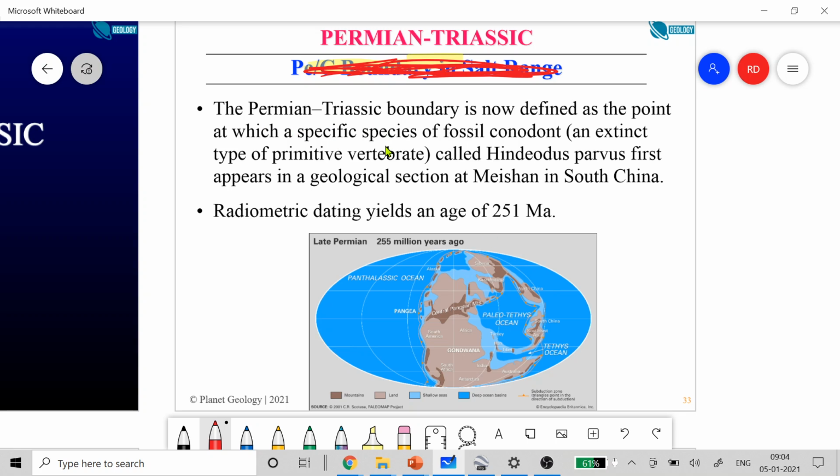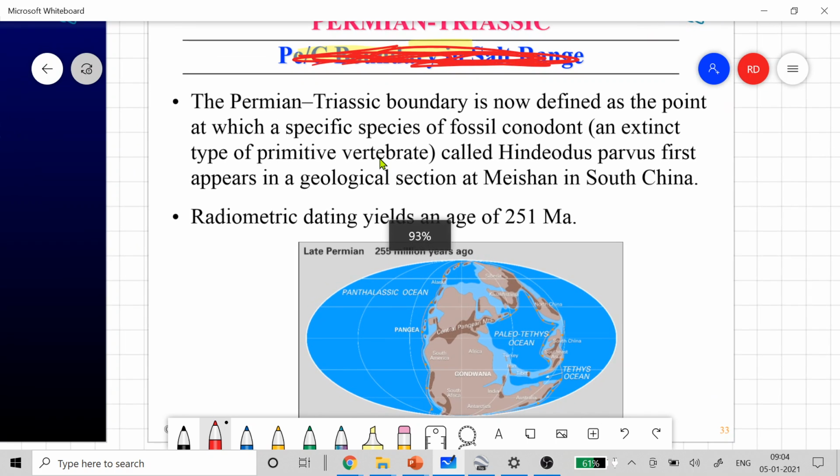Whenever we define these boundaries, usually we have an international stratotype which is defined. You define it at a certain type location, where the boundary is defined, and then you date it. It's usually defined where you observe some contrast, a sudden change in biota, maybe the type of animals that you get change suddenly across a boundary.